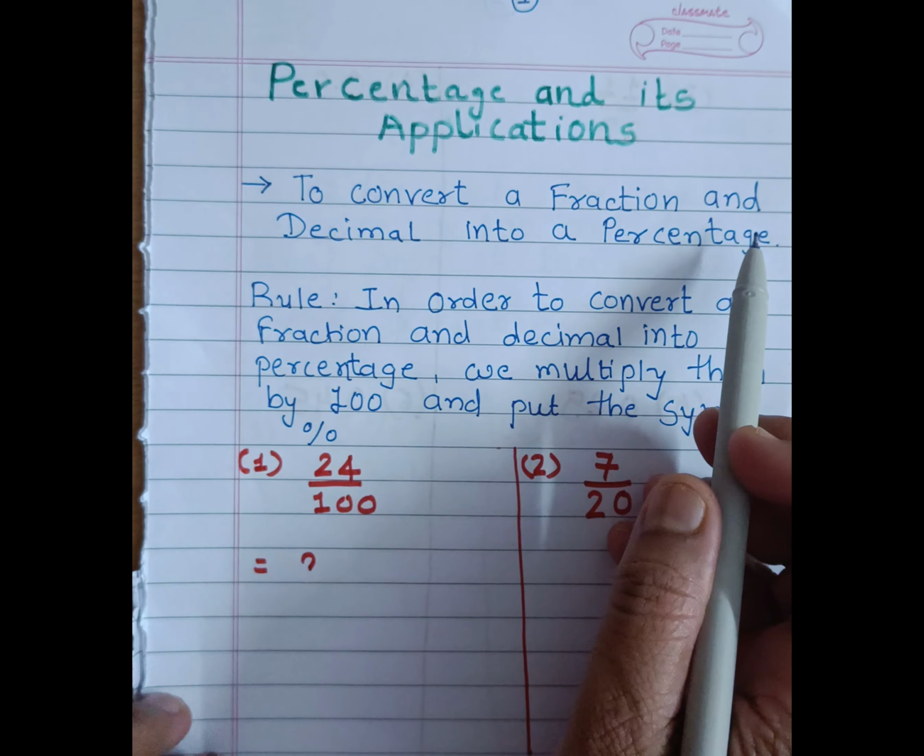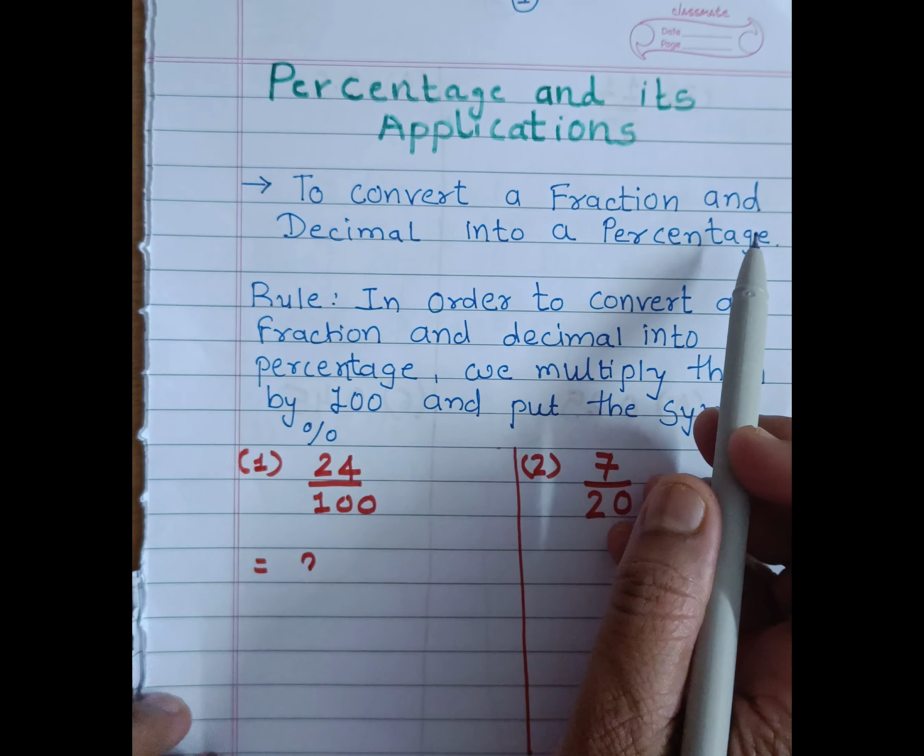Now friends, we learn to convert a percentage into a fraction and a decimal. First we learn the rule for this. We divide the given number by 100 and drop the sign of percentage. For example, x% is equal to x by 100. Now we learn to convert into decimal. This we learn by some examples.